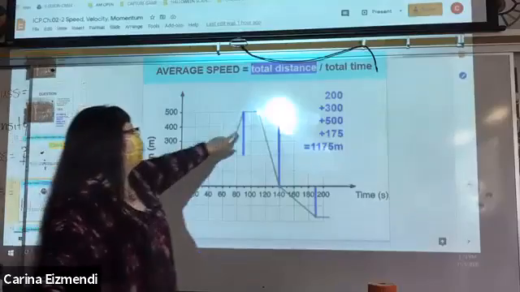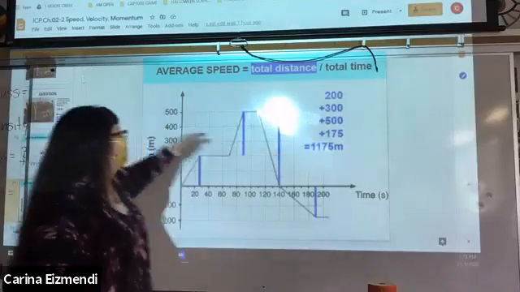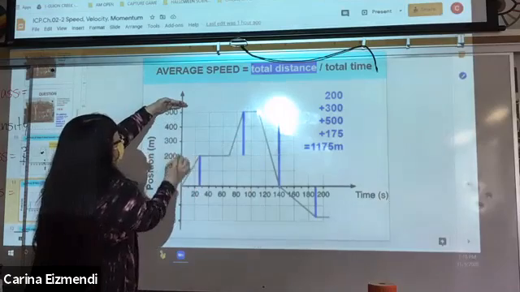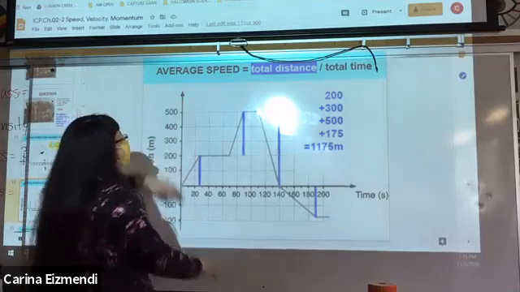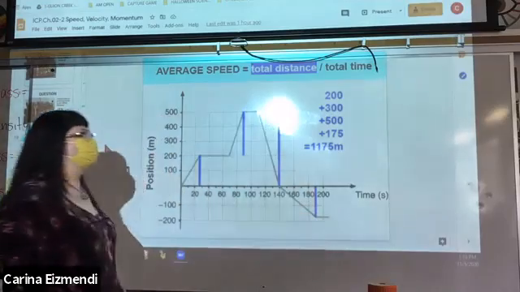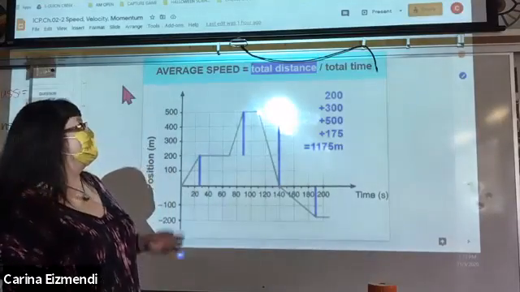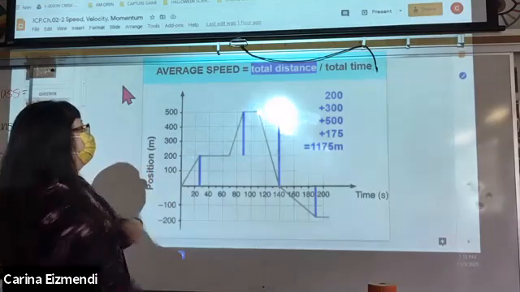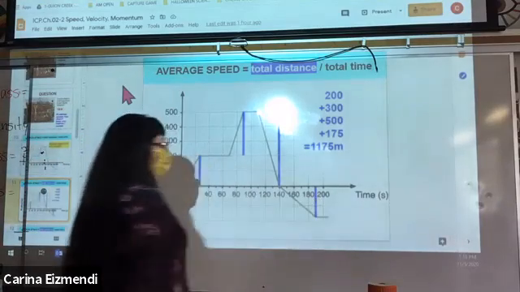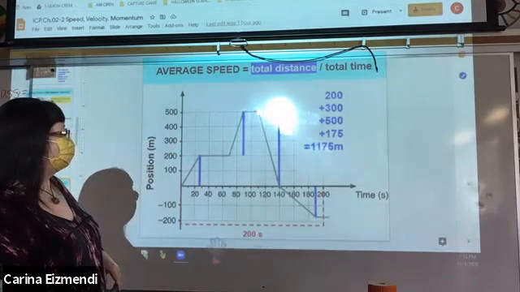So we're adding up this plus this plus this plus this, which are 200, 300, 500, and 175. Add all those up and you get this. So that's your total distance, over the total time, which is 200 seconds.